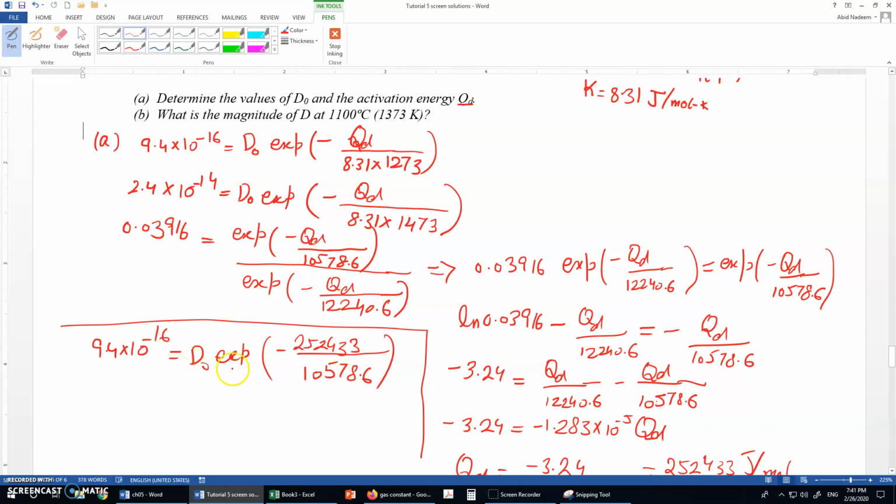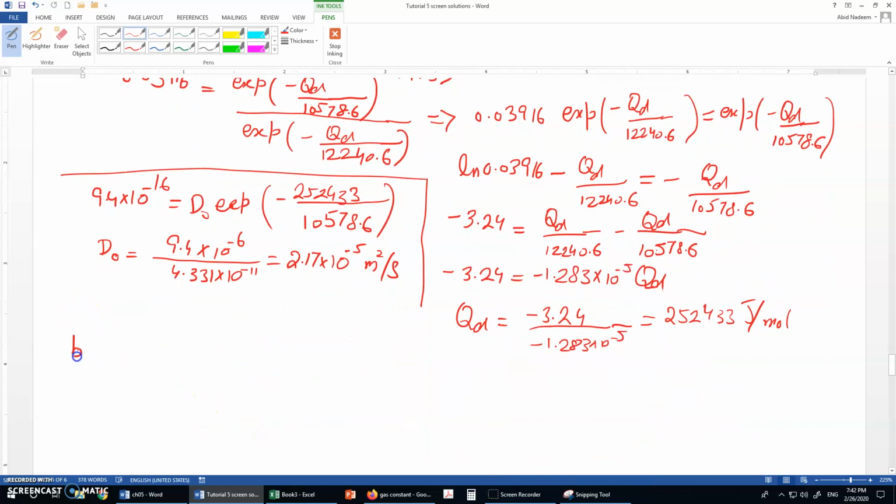So from here, D naught will be equal to 9.4 into 10 to the power minus 16 divided by this exponent value. This exponent value will be about 4.331 into 10 to the power minus 11, and then D naught will be 2.17 into 10 to the power minus 5 meter square per second. So this will be the D naught.